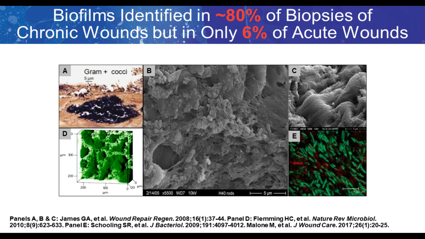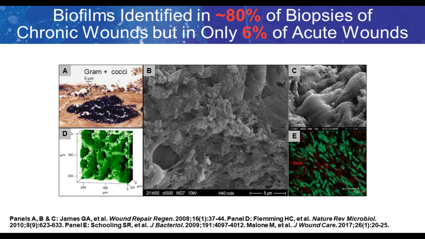And in the middle panel C, you can see a scanning electron micrograph of a biofilm on a biopsy of a chronic wound. That big mass of cells aggregated in the center and encased within the matrix material is the physical representation of what a biofilm on the surface of a wound actually looks like.